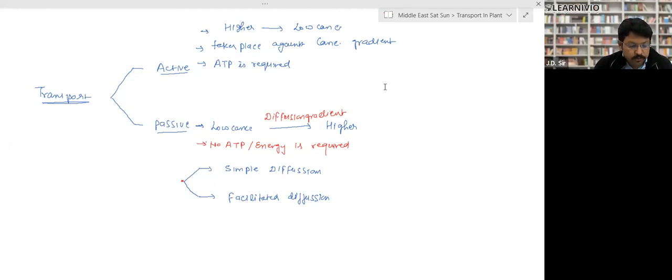Please note it down. Substances move over short distances through diffusion and active transport, supplemented by cytoplasmic streaming.